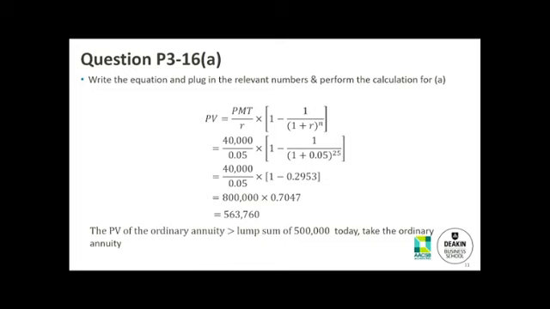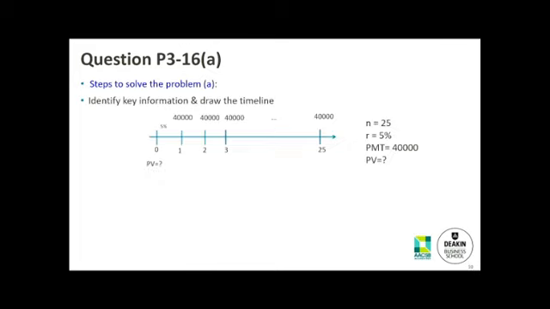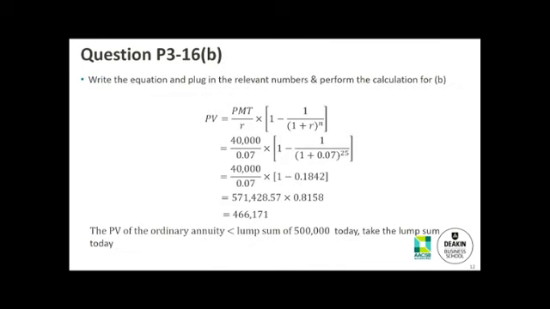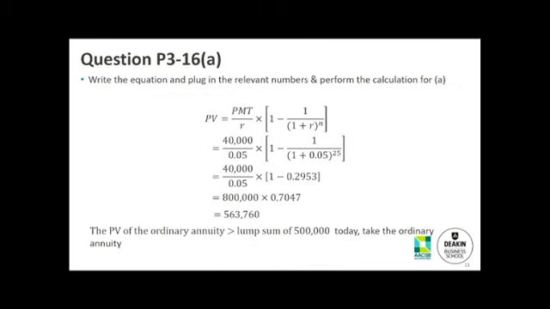Is it given? How much is it? $40,000, right? Do you know the interest rate? 5%, right? Do you know n, number of years? 25 years, right? Are you able to work out the present value? Yes or no? How much is the present value?